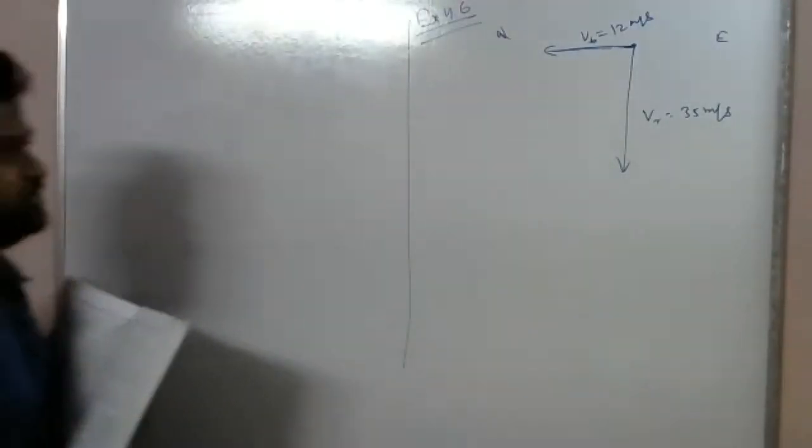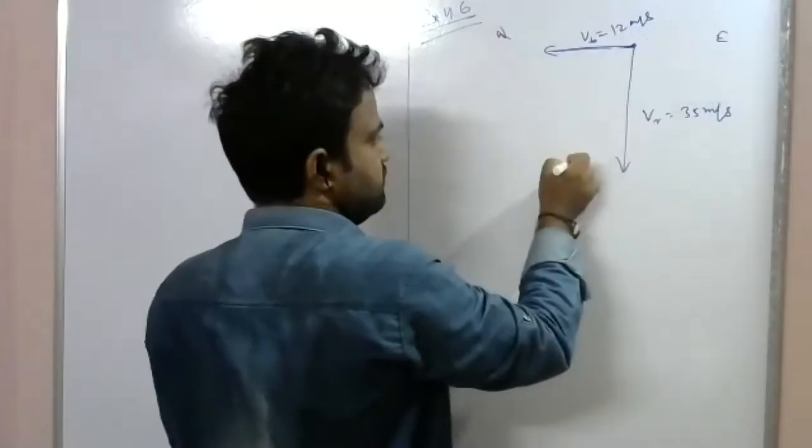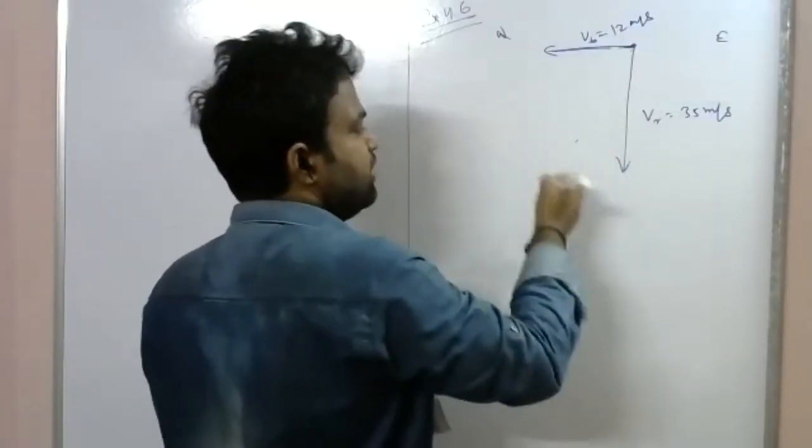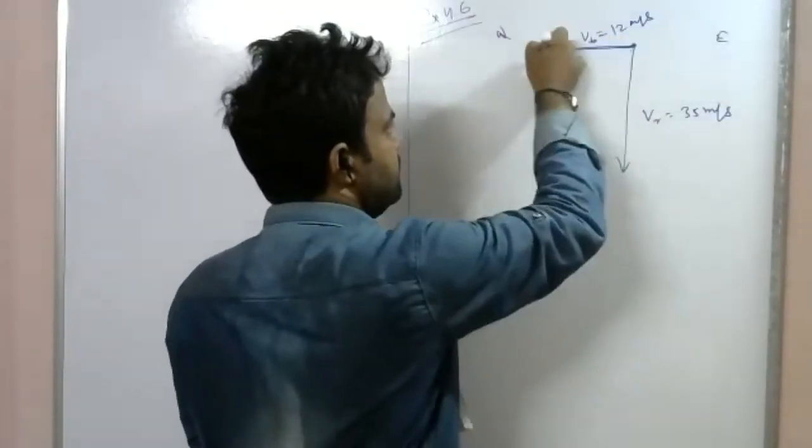Now here the resultant will not be in this direction, because you are moving with the bicycle.